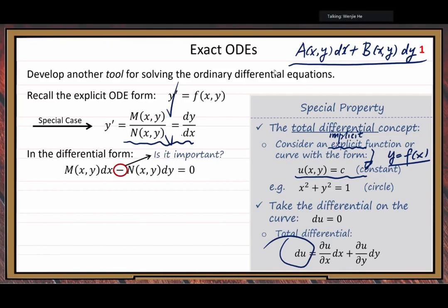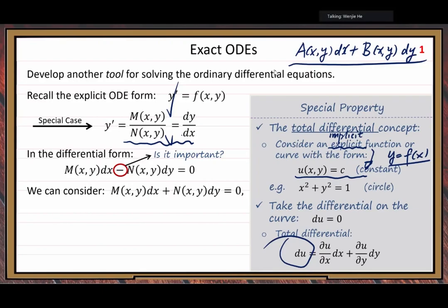Now, here it's a negative sign. Is it important? It's not important, because N is an arbitrary function. That negative sign we can put inside the N part, right? So we consider the plus version. The reason we change the negative sign to a plus sign is that the total differential form has a plus sign.